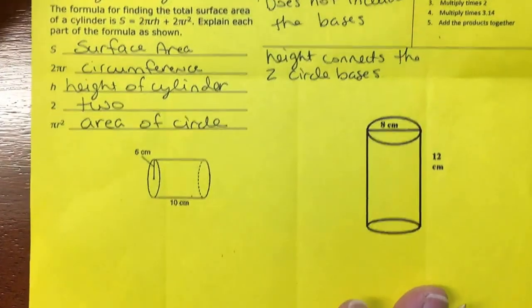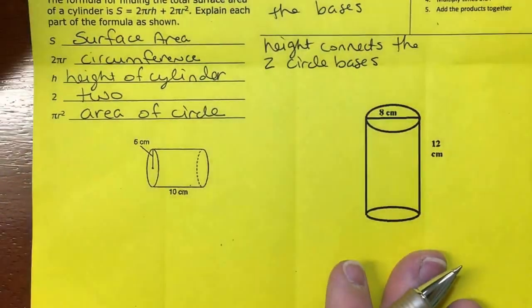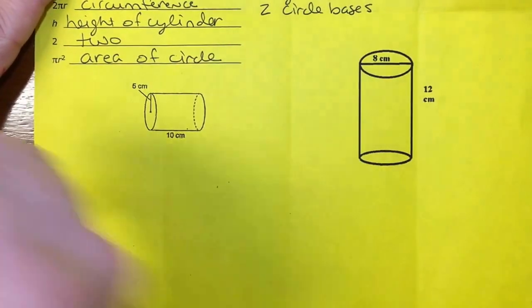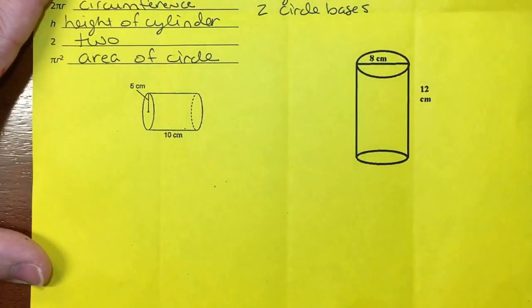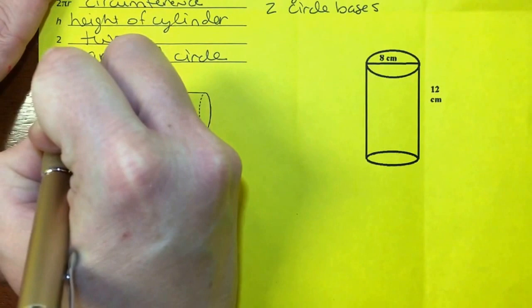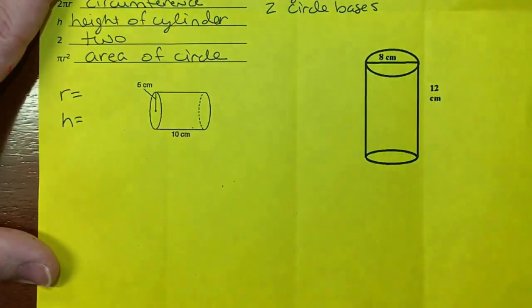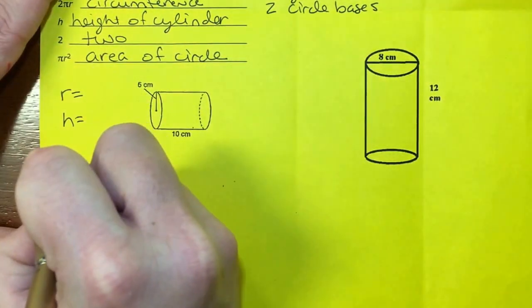All right, so we're going to look at these examples and we're going to work finding lateral surface area and total surface area. So when it's a cylinder, the only thing I need for my formulas is the radius and the height. Everything else is in the formula.